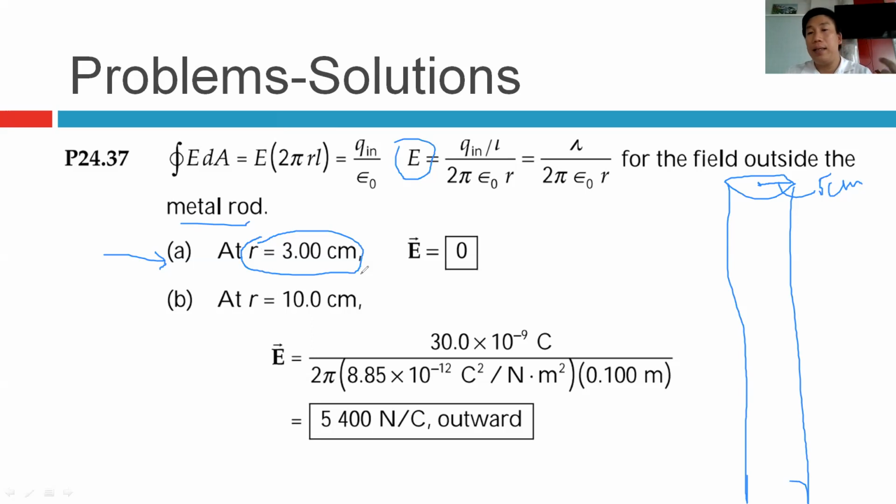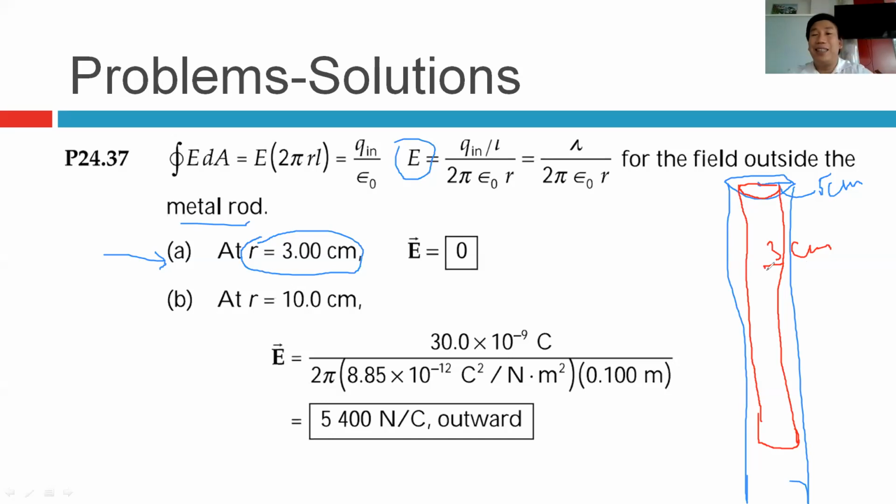It means this point needs to be inside the cylinder, so you can choose the Gauss surface here. The distance is just 3 centimeters.